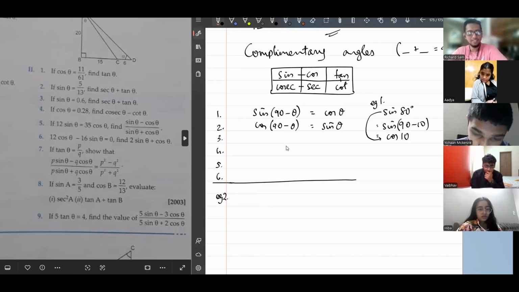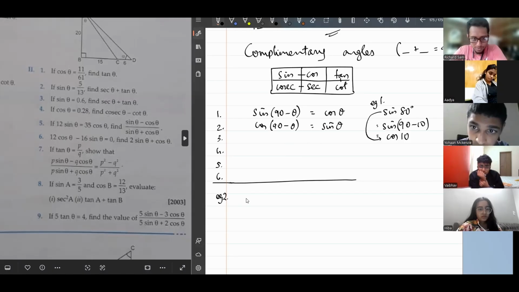Okay, are you done writing this? So I'll give you a question, you convert it to the other complementary ratio, complementary function. If I have sec 50, how can we convert sec into whatever? What do we convert sec into? Sec converts into cosec. All right. So what's the first step? We write sec as sec.